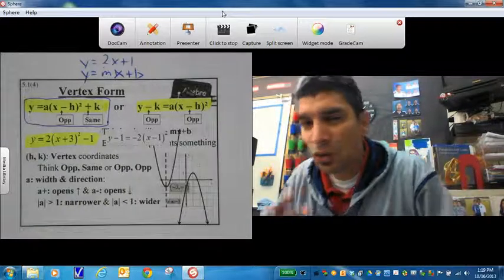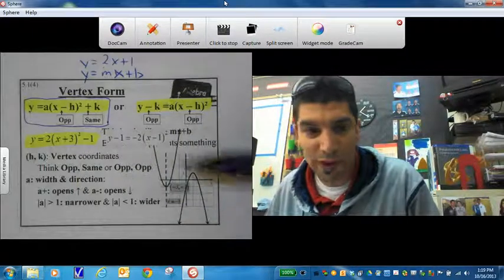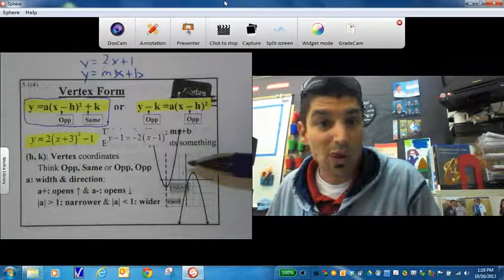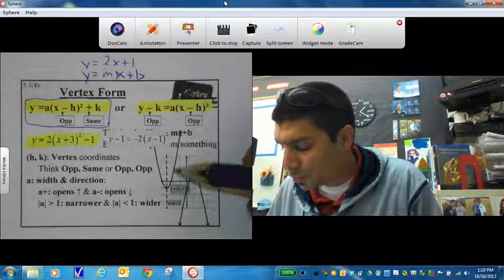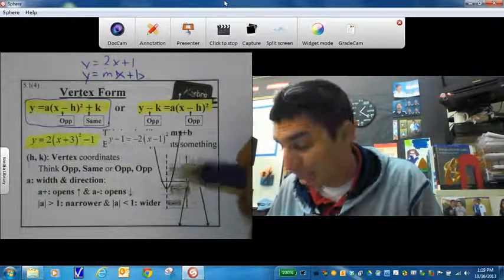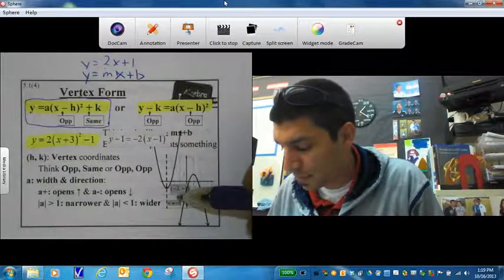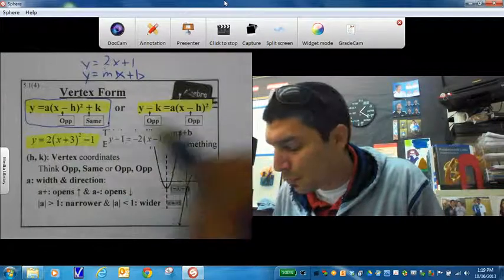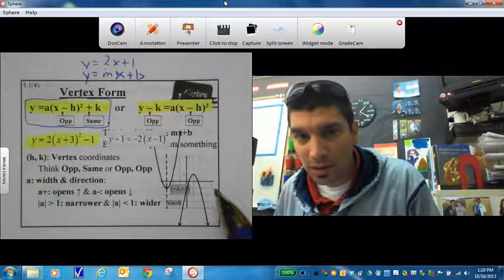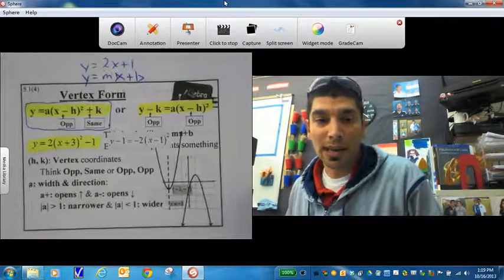Remember how I told you that there are 2 parts that you're supposed to know for every parabola, for every quadratic? You're supposed to remember how to find the vertex, how to find the line of symmetry or the axis of symmetry. So if I can do that without doing any work, that's what I want to do. I want to do it with no work, and I'm pretty sure you're the same way.